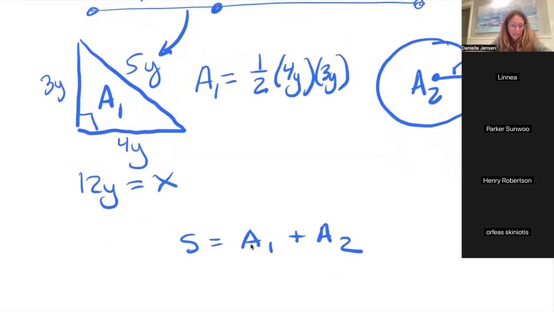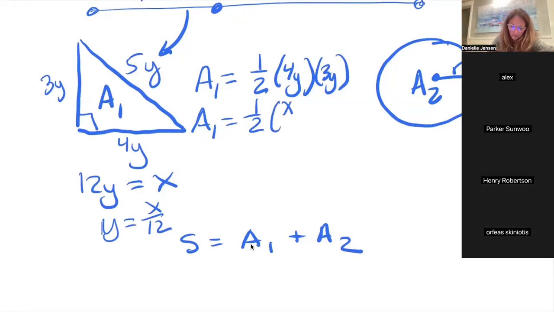But again, I want to write it in terms of one variable, which is going to be x. So let's figure out what y is in terms of x. Y is going to be x over 12. So then I can find the area in terms of x. So A1 is going to be 1/2. What is 4y going to be in terms of x? One third x.